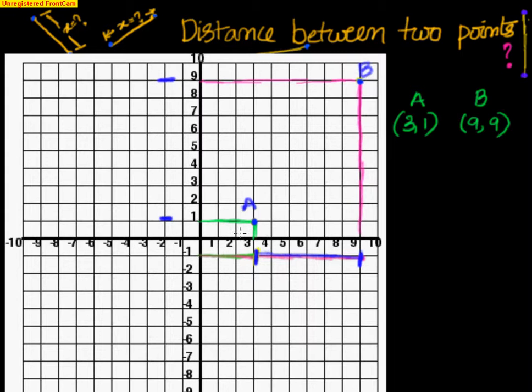How do we know? The perpendicular distance of A from the x-axis is this, whereas the perpendicular distance of B from the x-axis is this whole length.